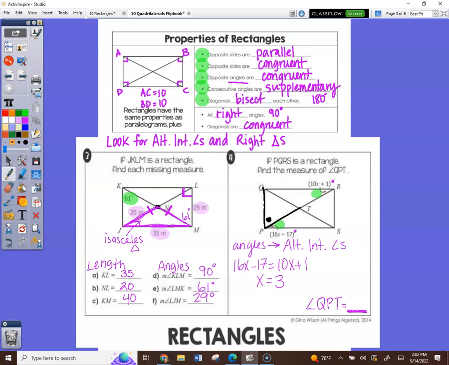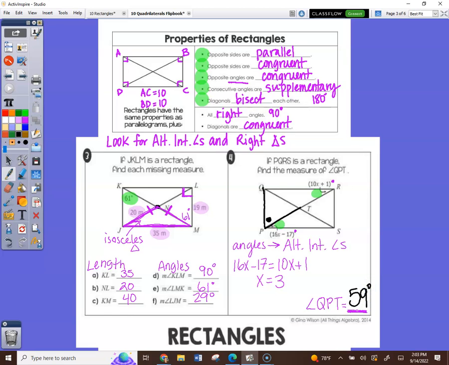You plug in 3 as the X. Did you get 59? It is 59.